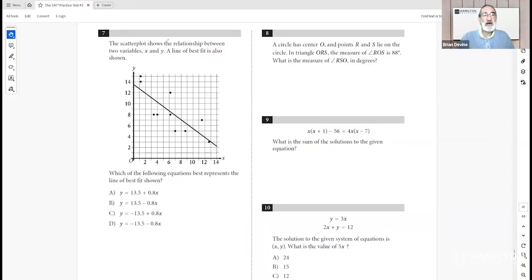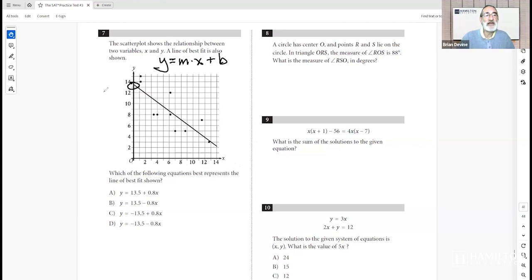Question 7. The scatter plot shows the relationship between two variables, x and y, and a line of best fit is shown also. Which of the following equations best represents the line of best fit shown? Well, I'm going to relate it to y equals slope times x plus b, the y-intercept value.